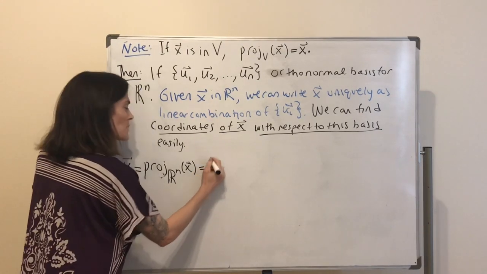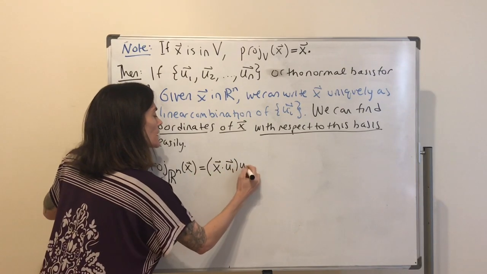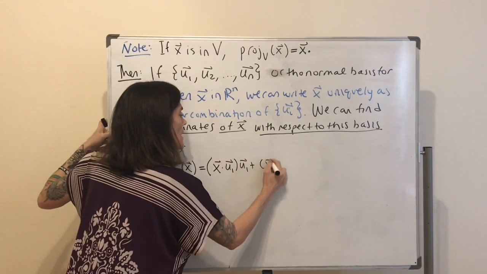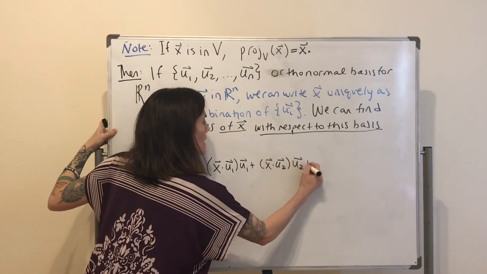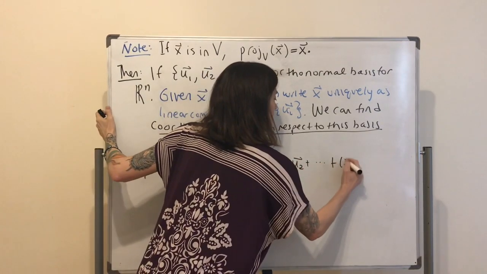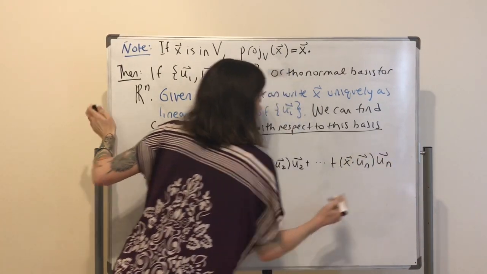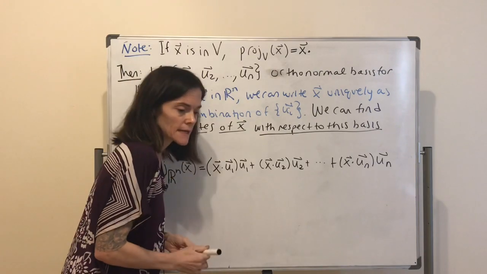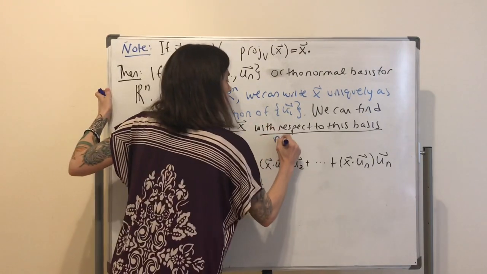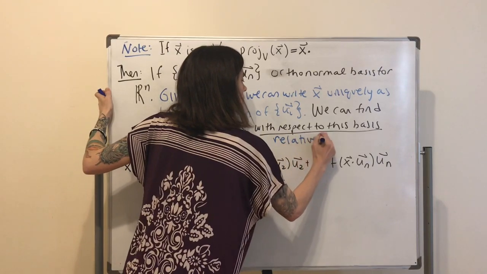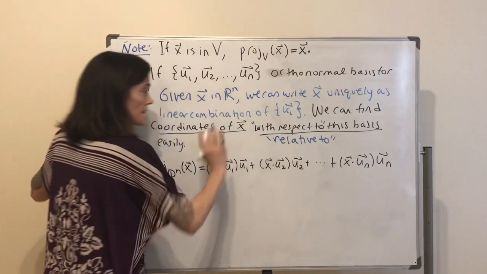And then this equals x dot u1 plus x dot u2, out to x dot un. And these are what's called the coordinates with respect to, or you might also see relative to, this basis.